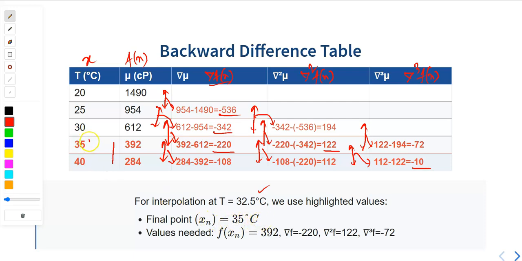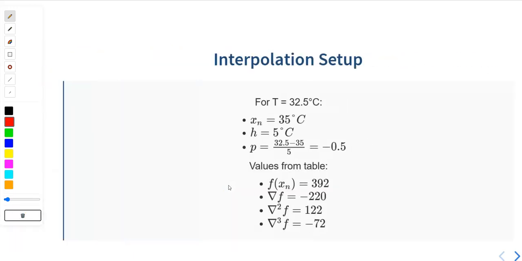We take this data, this data, this data, and this data to calculate the viscosity. The values needed are f of x, that is 392, del f minus 220, del square f 122, and del cube f, that is minus 72.